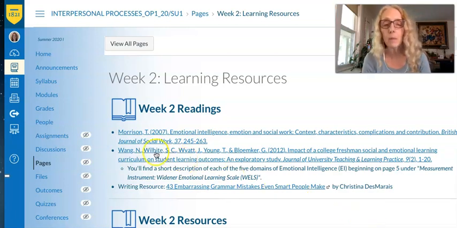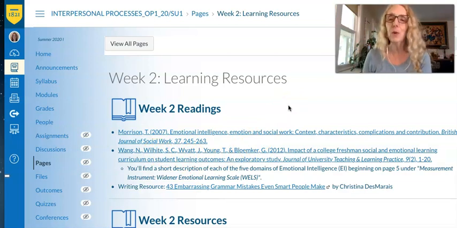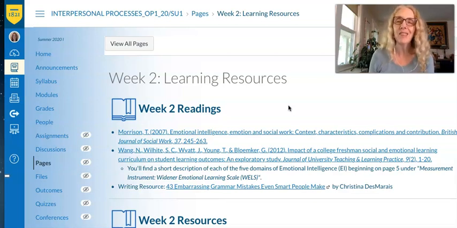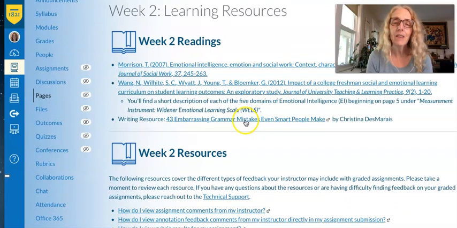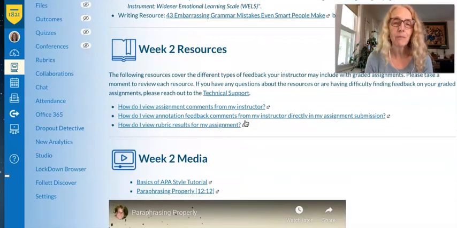Now you can substitute a different article instead of Wang, but Wang provides some definitions of some of the things that you have to define in your paper. Just a hint, okay? You must use the Morrison article, and you need to use it heavily, which means more than one citation, okay?